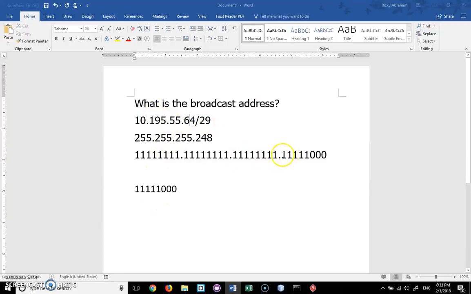So we know 64 is easy. The first number is 128, the second one is 64. So that means we have 0 1 and then 0 0 0 0 0.